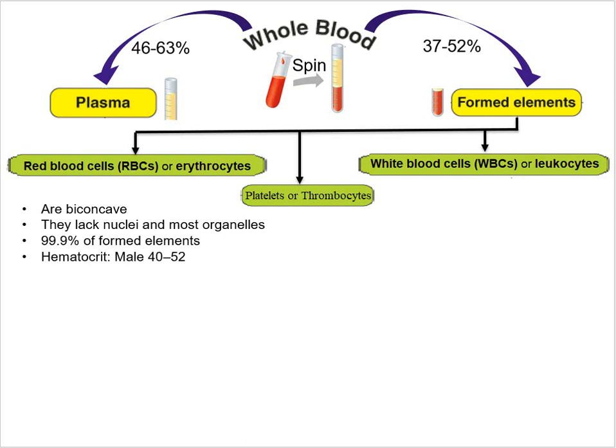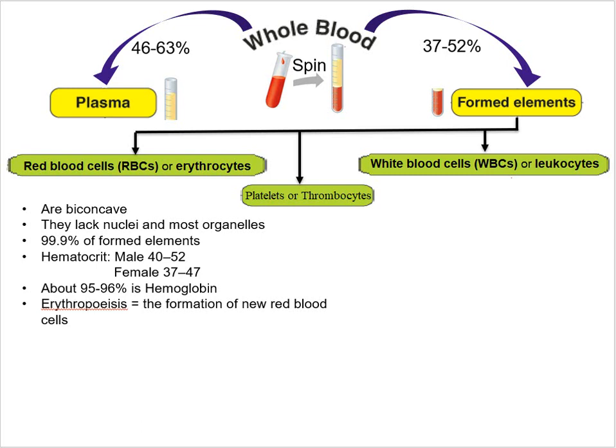99.9% of formed elements are red blood cells, and hematocrit, the percentage of red blood cells, is in males 42 to 52, so about 40 to 50, and in females 37 to 47. About 95% of the protein found in the red blood cell is hemoglobin.